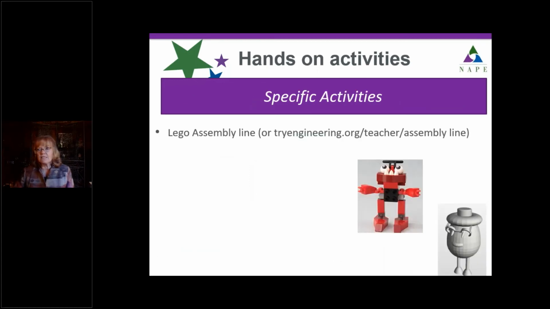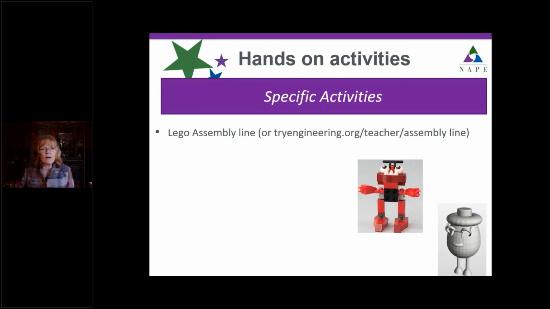As an industrial engineer, some of my favorite hands-on activities show what manufacturing assembly might be. So there's a Lego assembly line. If you go to tryengineering.org/teacher/assembly line, the students assemble a product individually that meets quality control criteria.